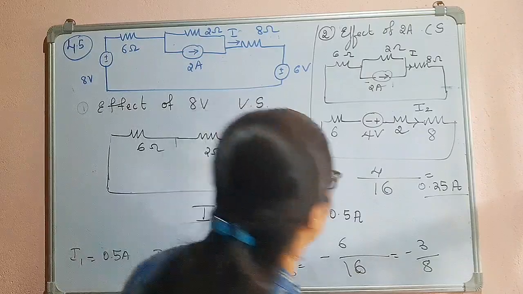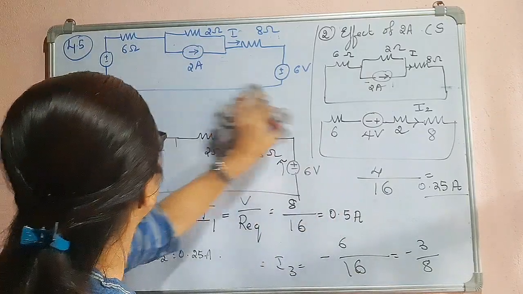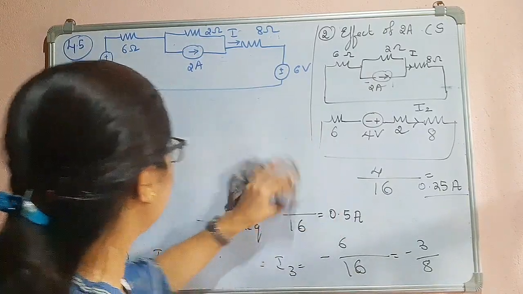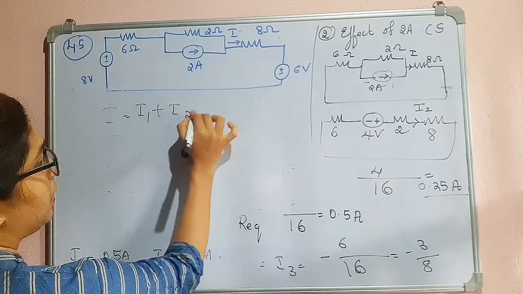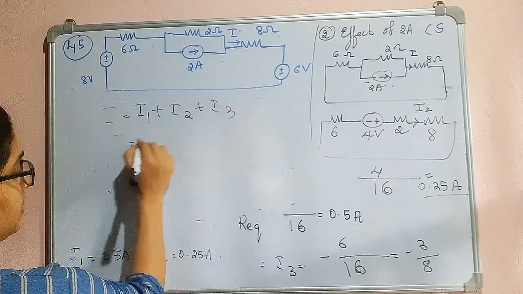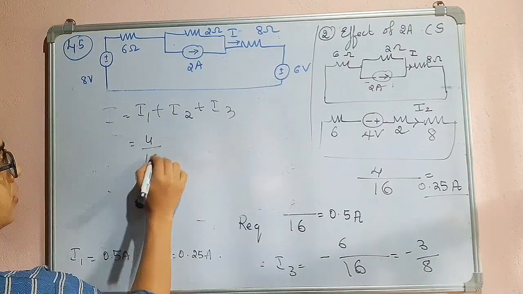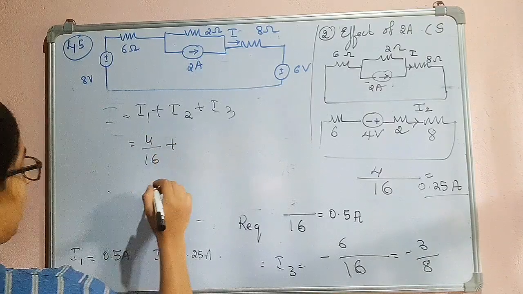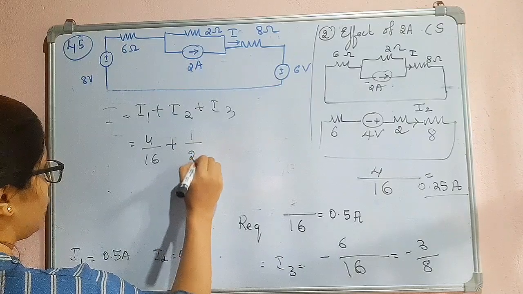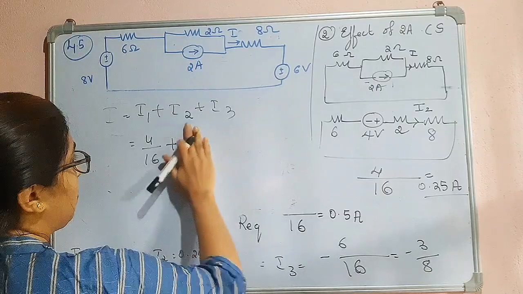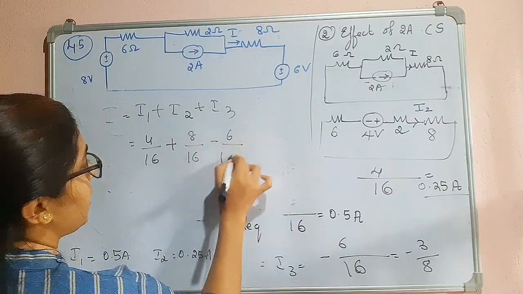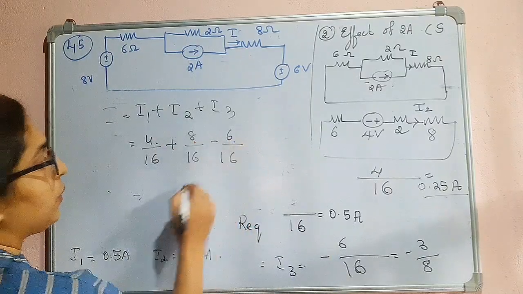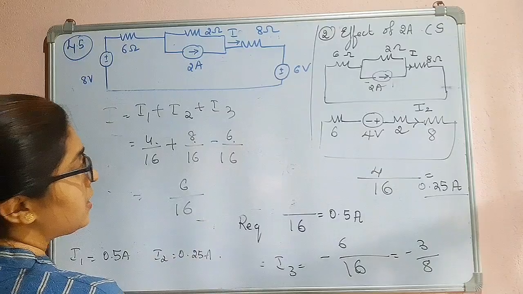The total effect will be I equal to I1 plus I2 plus I3. I can consider this as 4 by 16, then we will have 1 by 2, or you can write 8 by 16 and minus 6 by 16. So 4 plus 8 is 12, 12 minus 6, divided by 16.